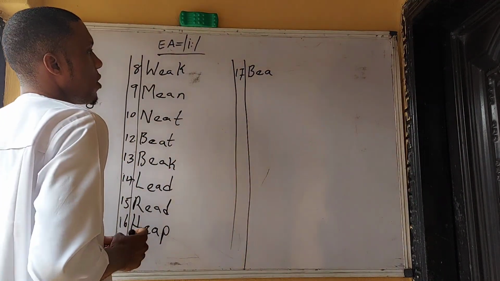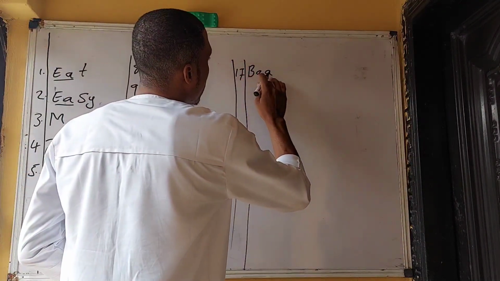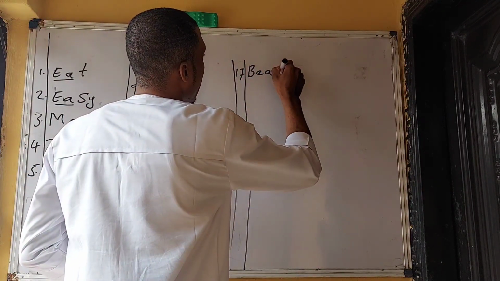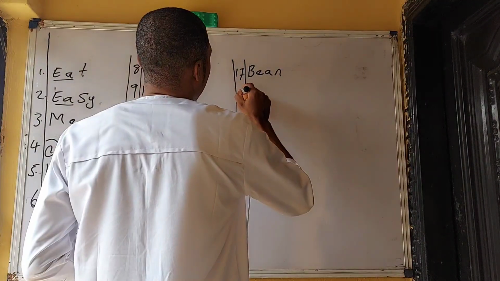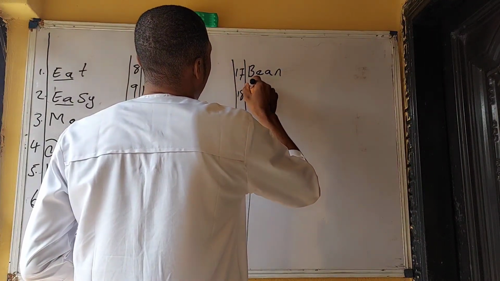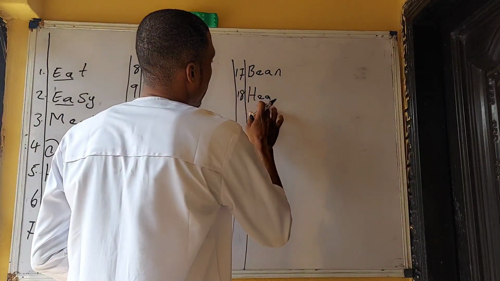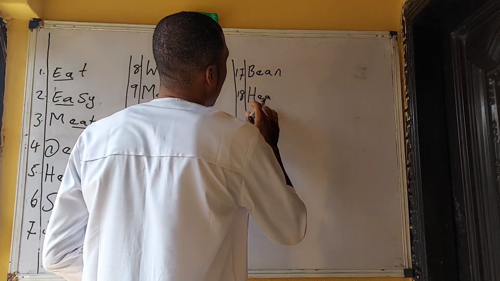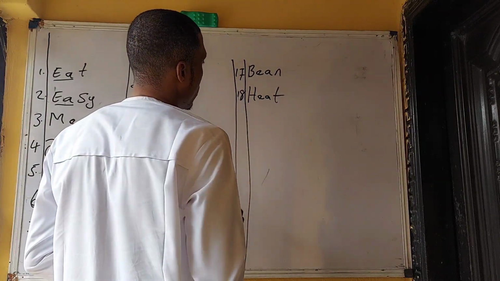17, B-E-A is B. B-E-A, B. If you add N to it, becomes bean. 18, you have H-E-A is he. H-E-A, he. If you add T to it, it becomes hit.